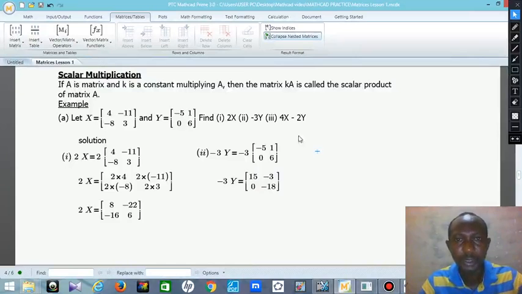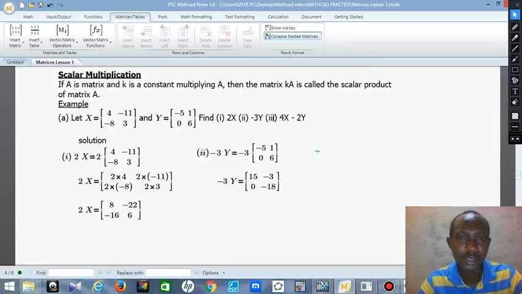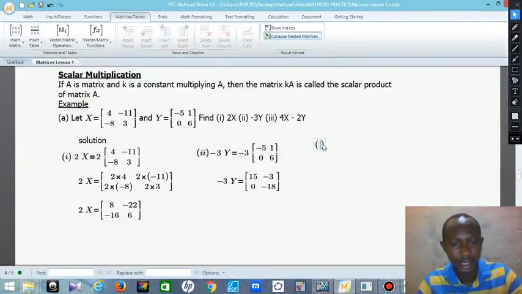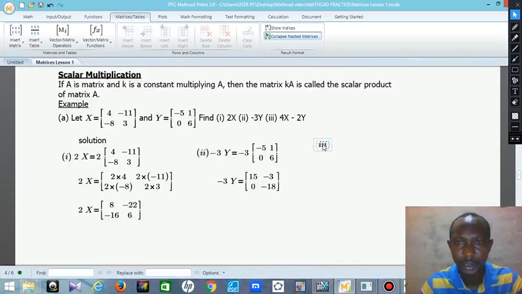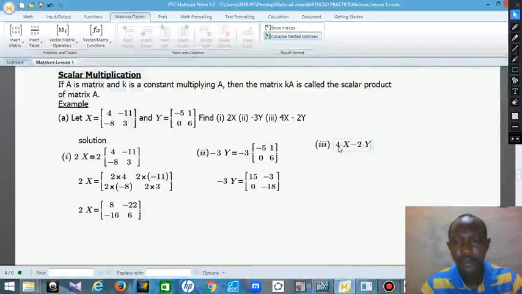And this third one, we need to do it step by step. You need to find 4x first, then find 2y, then you will subtract the two answers using subtraction of matrix. Let's do it also. Let's see how it goes. So we have the third question, which is 4x minus 2y.